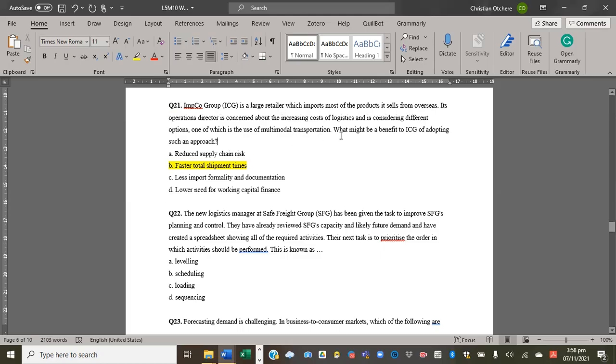So what might be a benefit to ICG of adopting such an approach? If you look at the rest, which one will be the most appropriate? Lower need for working capital finance, less import formality and documentation, reduced supply chain risk. So you may want to go for reduced supply chain risk.